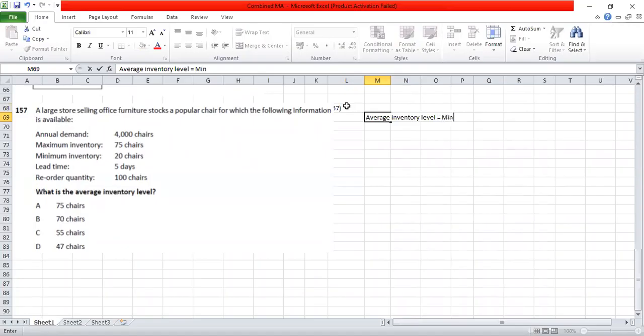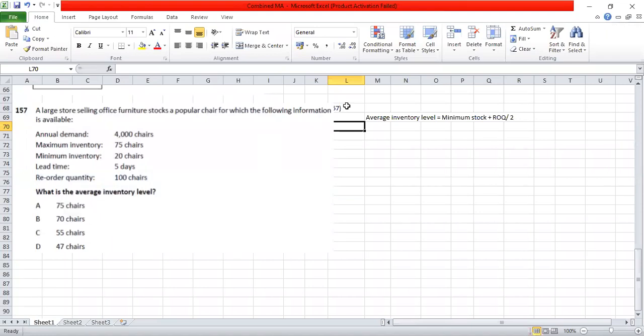See the minimum stock, whatever is the minimum stock plus the reorder quantity, which they would be placing again, divided by 2. So we have the reorder quantity as 100 chairs. Minimum quantity is 20 chairs.